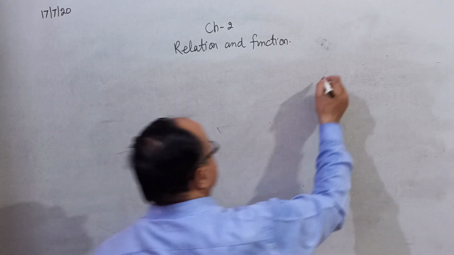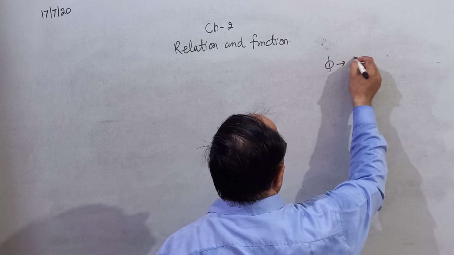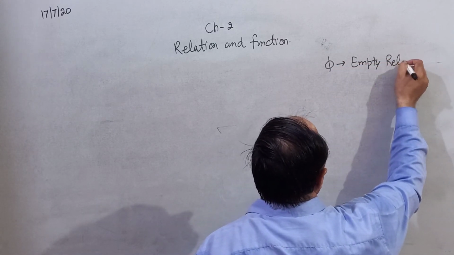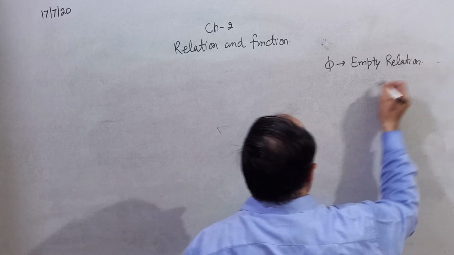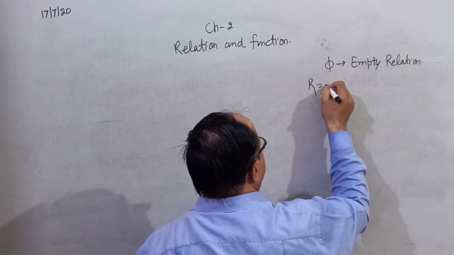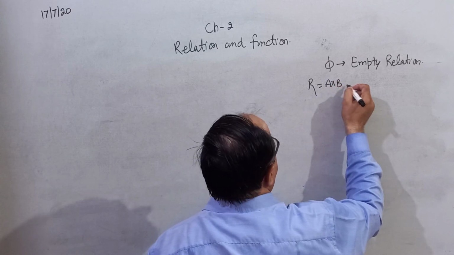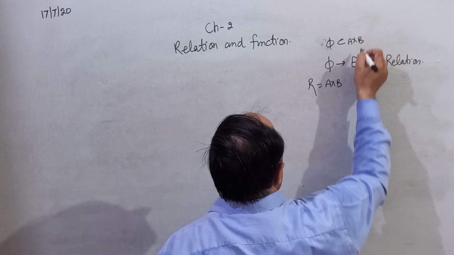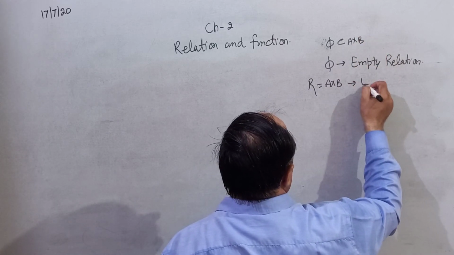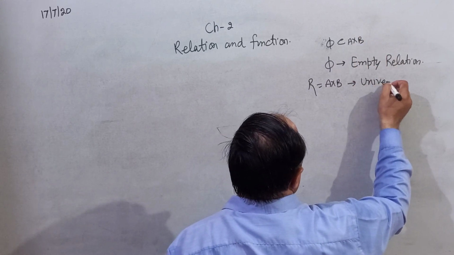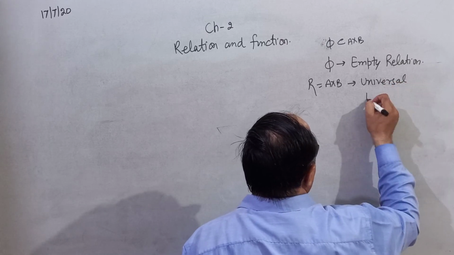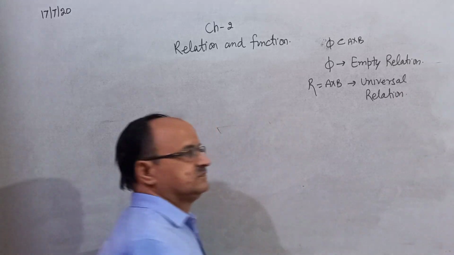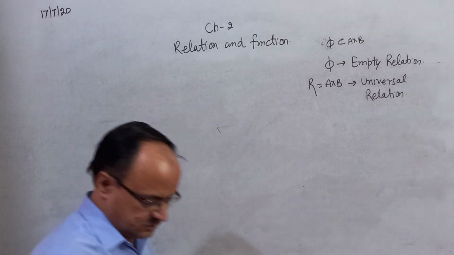And another one is the complete set A cross B, the whole set. That is called the universal relation. Correct?